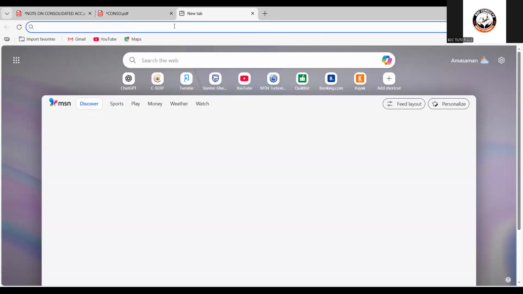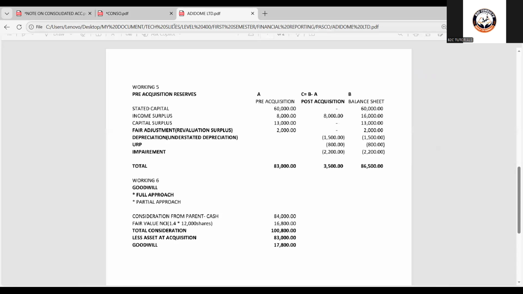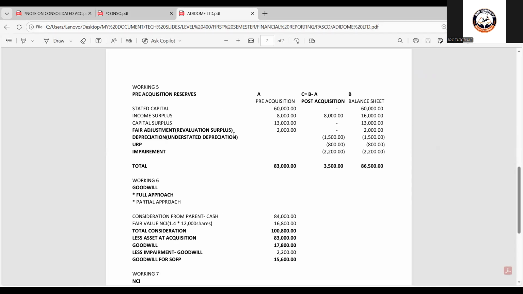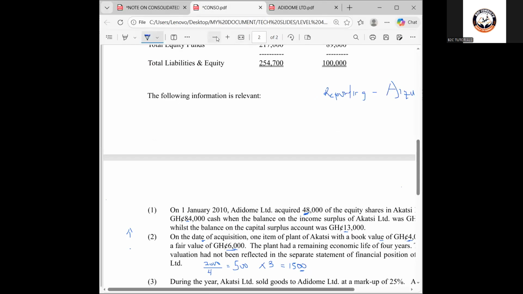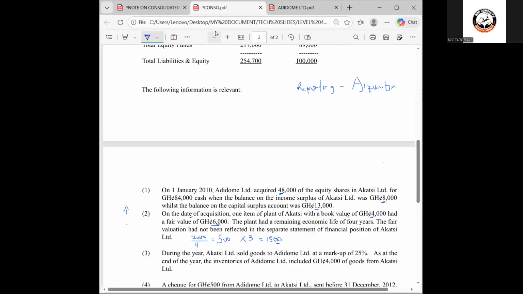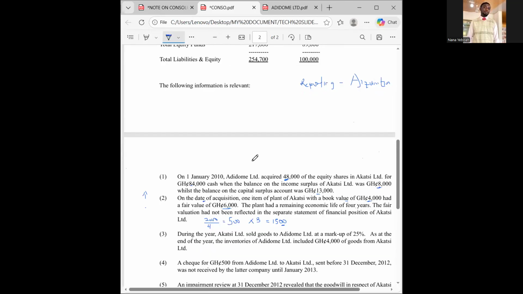Now, this is what I'm referring to. This is what we call the split account. So here, you see we have stated capital. When you check the question, why don't I even open this to split screen?